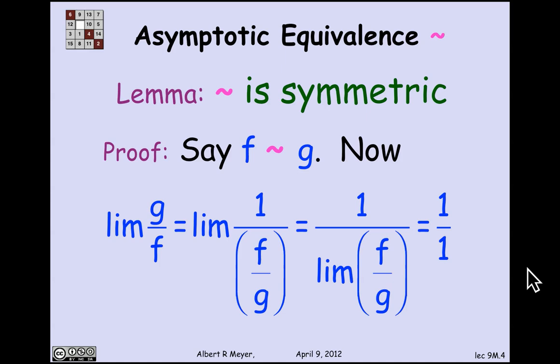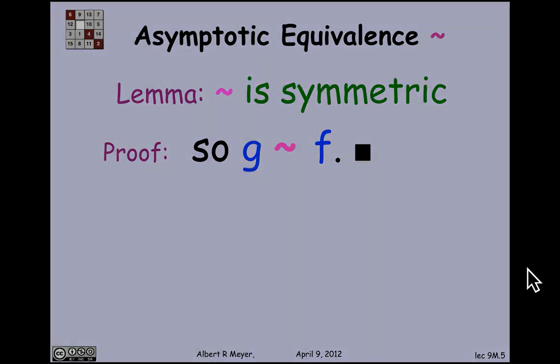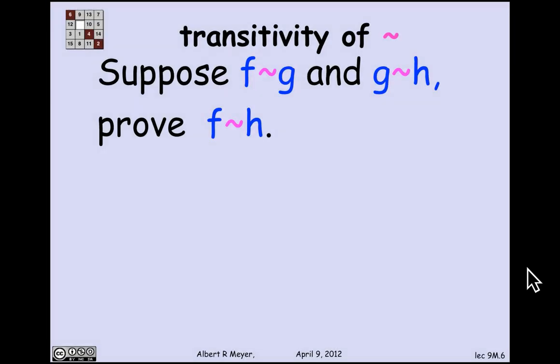Well, by algebra, g over f is the same as 1 over f over g. So just moving the limit across the division, that's the same as 1 over the limit of f over g, which is 1 over 1. And we've proved, in other words, that g is asymptotically equal to f, given that f is asymptotically equal to g. It's symmetric.